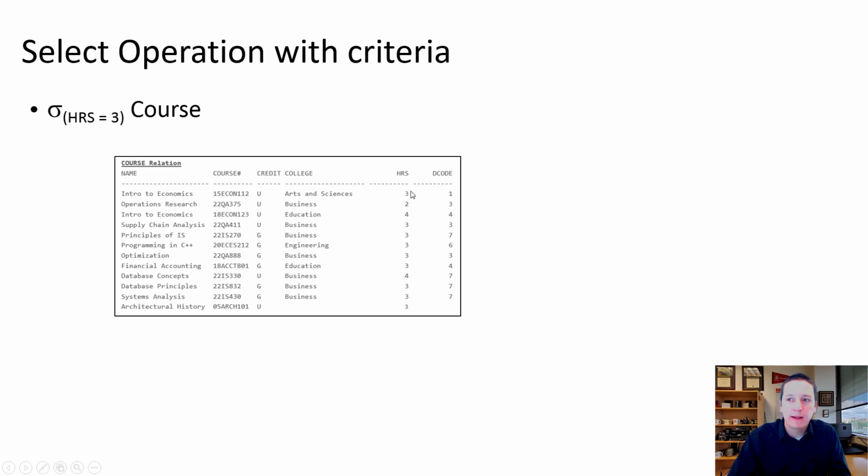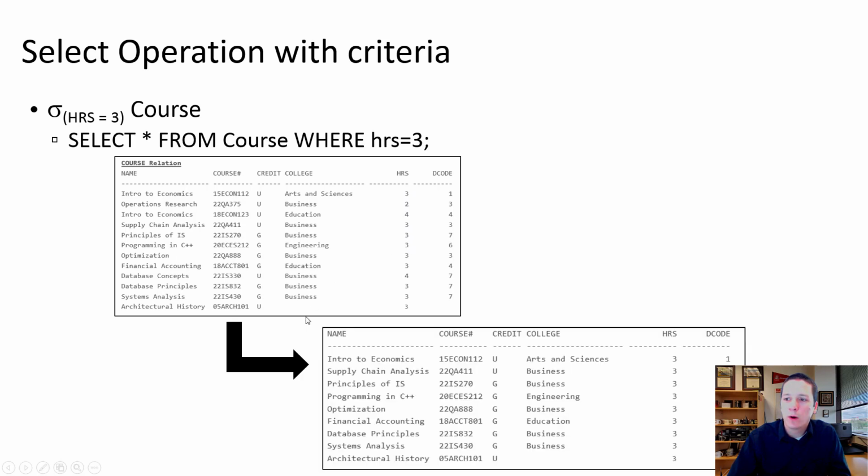So as we look at each one of these tuples, for the first one, that is true. For the second, it's false, false, true, true, true. And we wind up with this resulting relation. And the SQL that we would write to operationalize this relational algebra is select asterisk from course where hours equals 3.